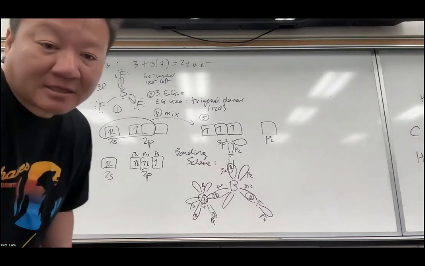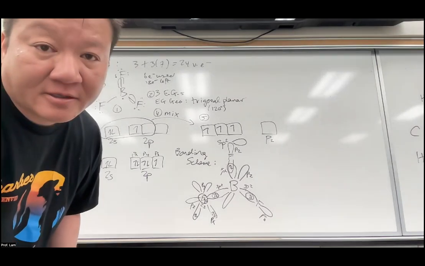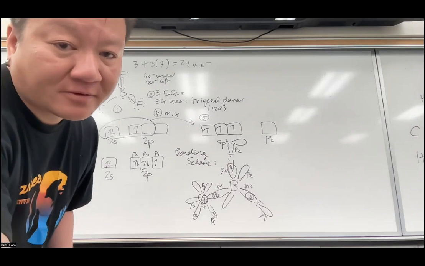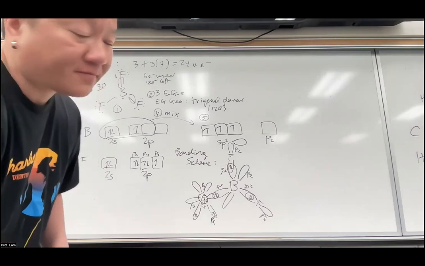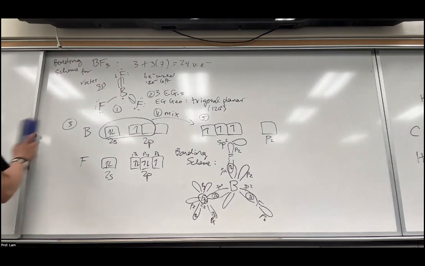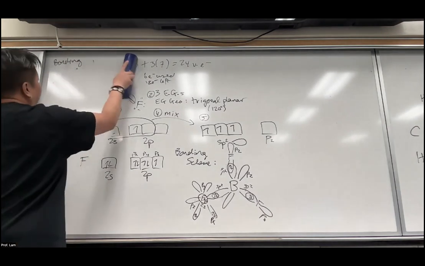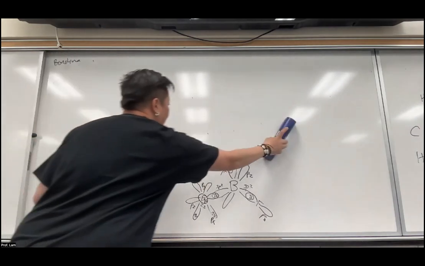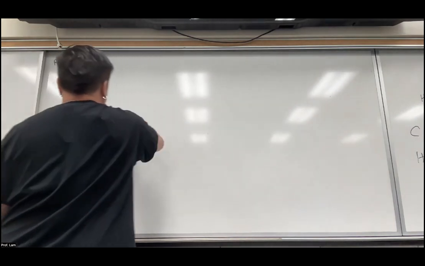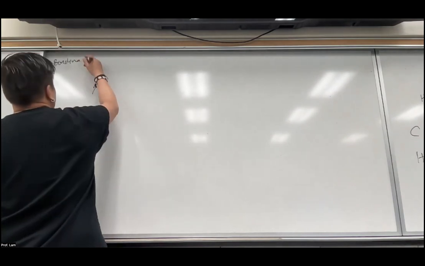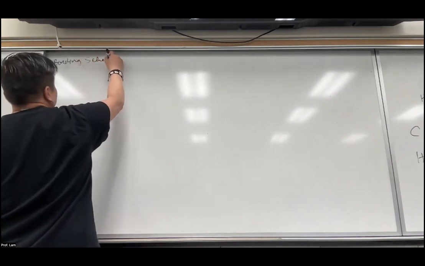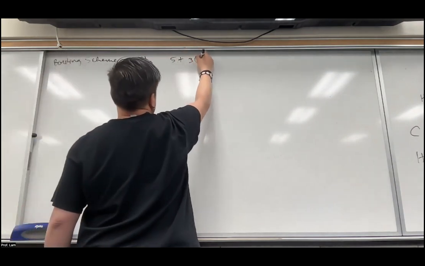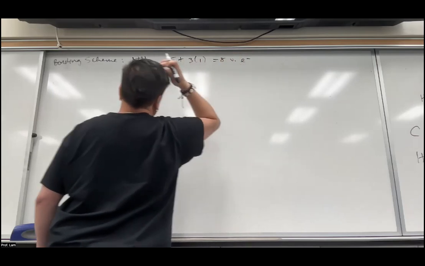All right, let's do NH3 now. Okay, so 5 plus 3 times 1, 8 valence electrons.